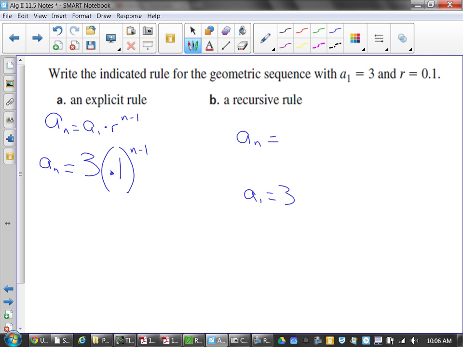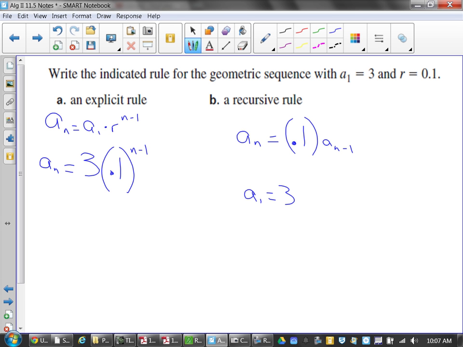When you work through your recursive rule, the only thing that changes here is that you still have to use the same rate. What's our rate? 0.1. So it's going to be 0.1 times the previous term. That's it.